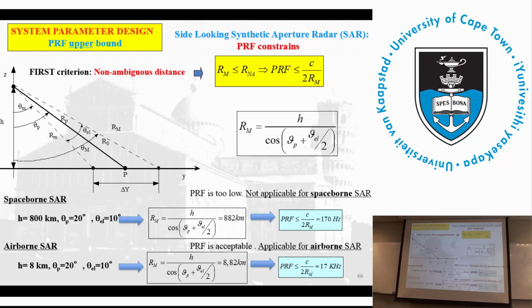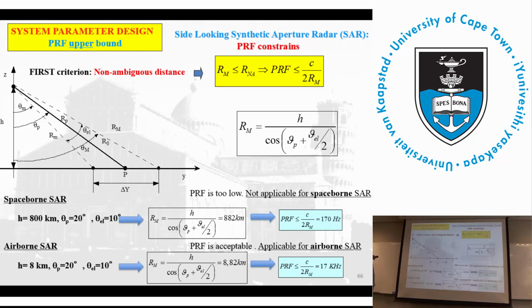So, as a first approach, I should use the rule that tells me how to obtain a non-ambiguous radar. And that means that my maximum range here should be less than a non-ambiguous range, where the non-ambiguous range is defined by my PRF.